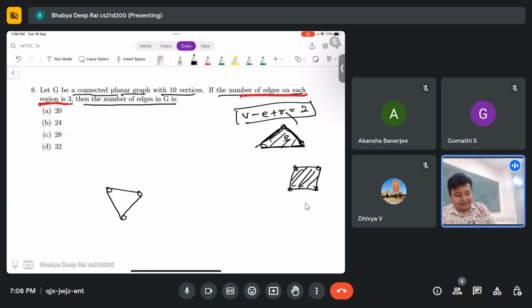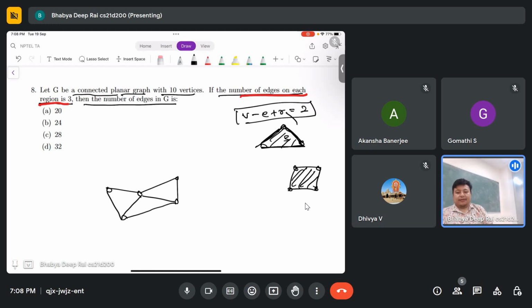First of all, it is connected, so I cannot do something like this. It needs to be connected. So for example, here this is still valid because this is a region with 3 edges, but something like this is invalid, because this particular region has 4 vertices, 4 edges.